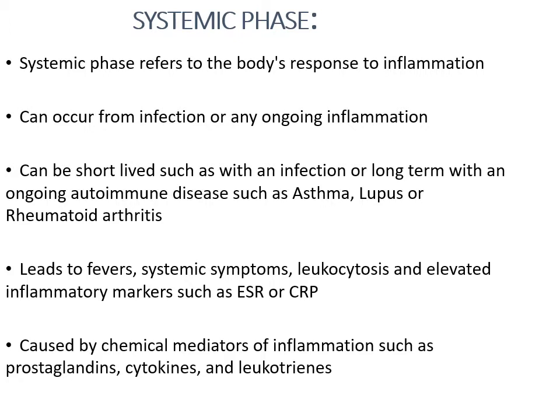If you have a splinter at the end of your finger and now your finger becomes infected and then your hand becomes infected, that's going to generate a bigger response, and that's going to be the systemic phase of inflammation. Okay, so it can occur from an infection or any form of ongoing inflammation.